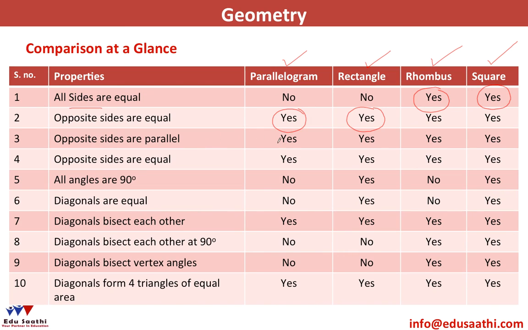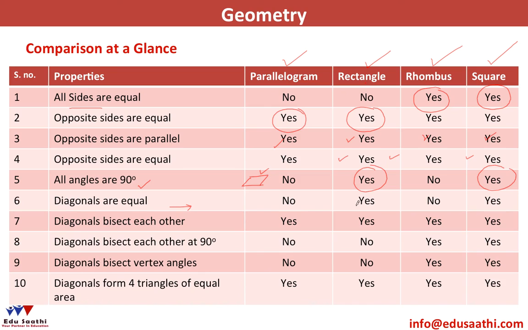However, in all of them, opposite sides are parallel and equal. Vertex angles are 90 degrees in case of rectangle and square. In case of parallelogram and rhombus, vertex angles are not 90 degrees.